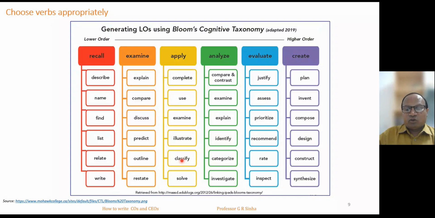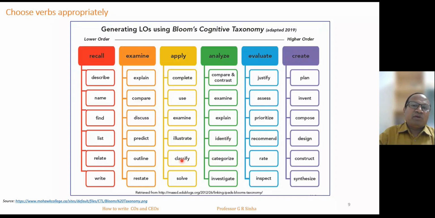Therefore the course outcomes and course objectives are very specific, and they are more important than the program outcomes and objectives. And thus it's very important to understand how effectively we need to write the course outcomes and the objectives.